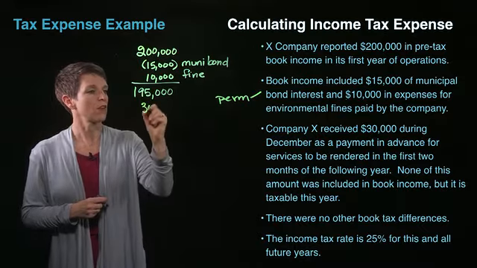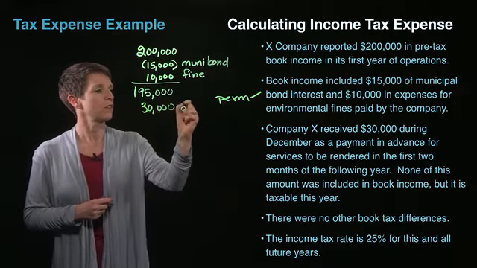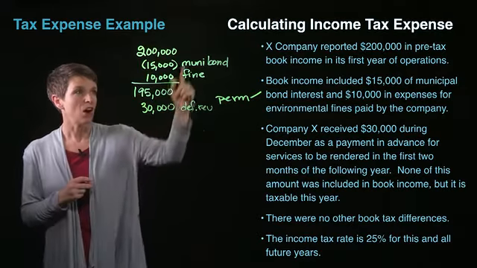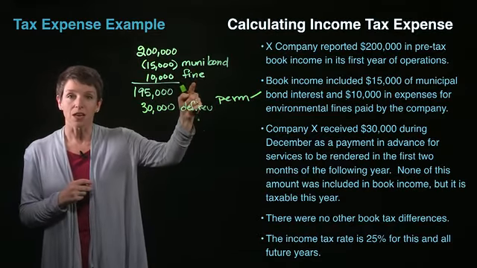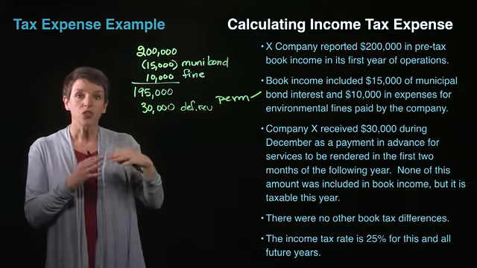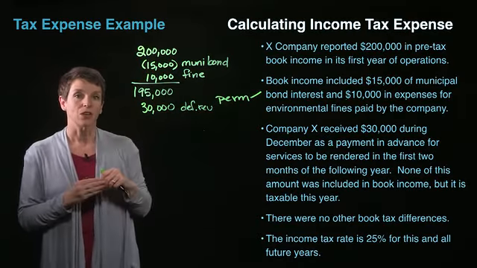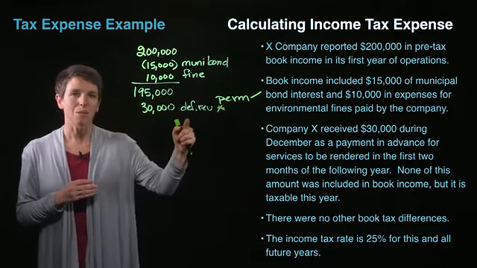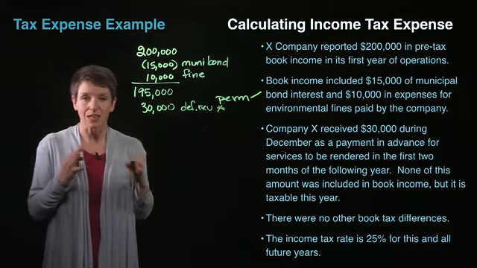So here's our $30,000 of deferred revenue. Now, unlike our municipal bond interest and the fine, this is a timing difference. Eventually, this will show up in our book income figure. So we're going to star that because we're going to come back to that to create a deferred tax asset or liability.